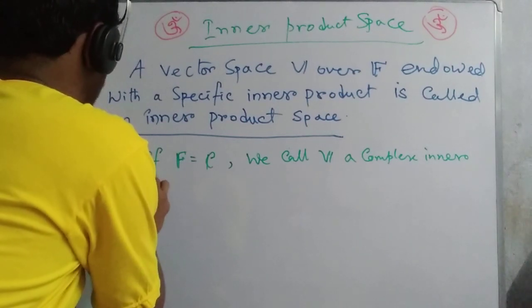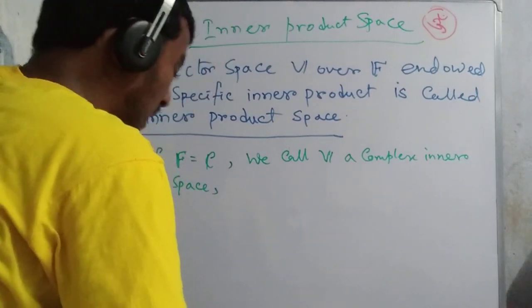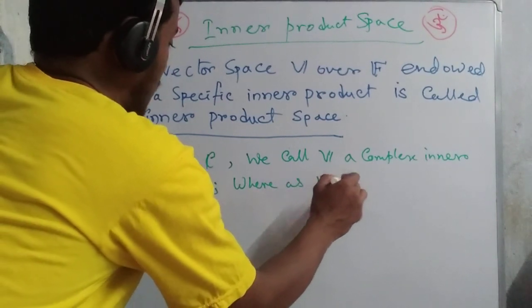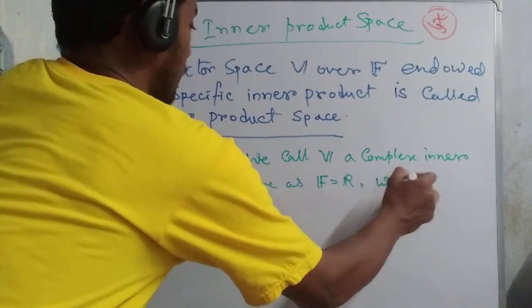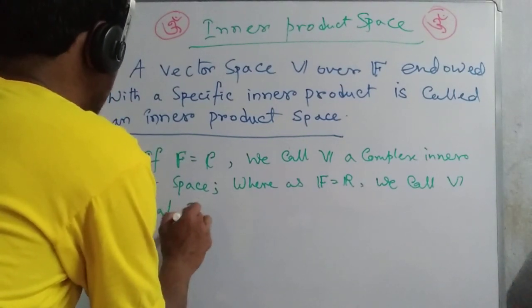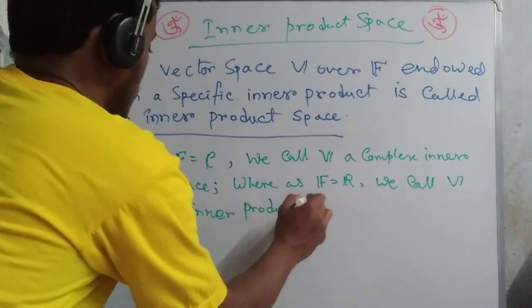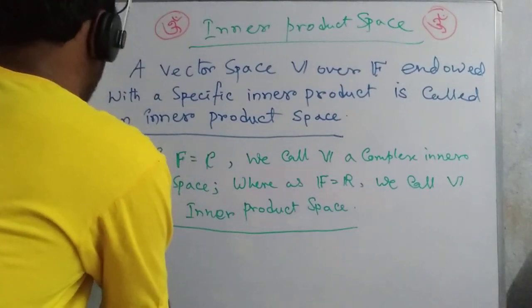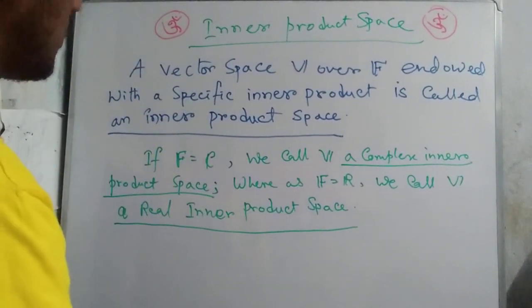Okay, and if F equals R, then we call V a real inner product space. We call V a real inner product space and we call V a complex inner product space. Understood?